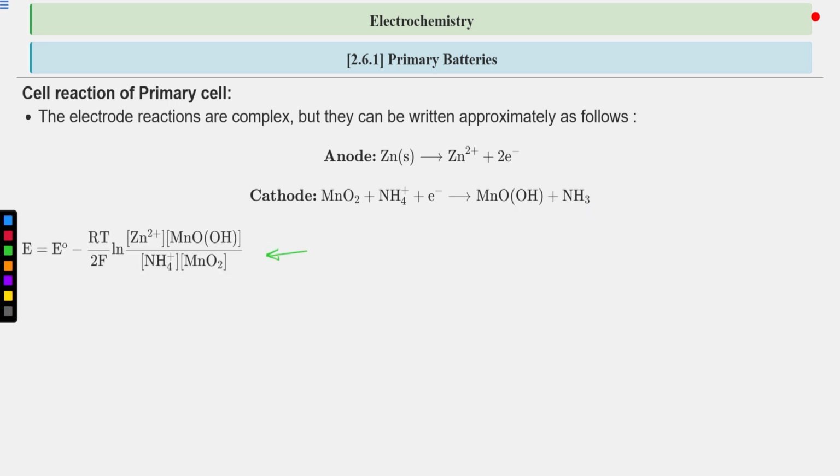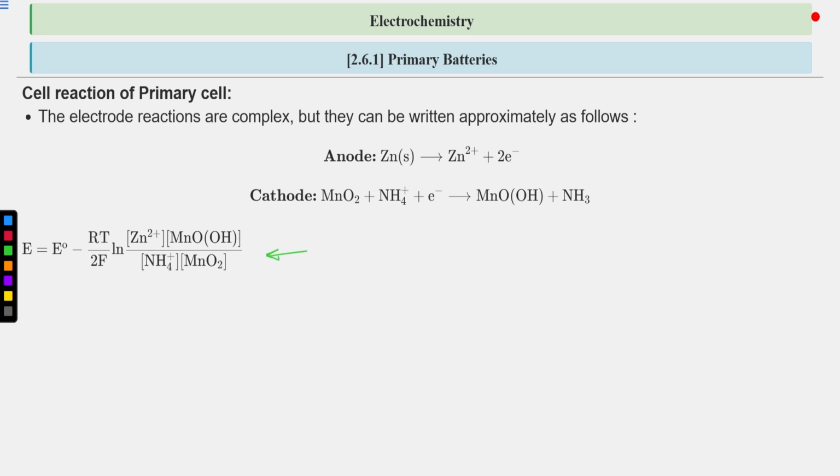Now, if you want to find the cell potential for this primary cell, you can use the Nernst equation, which is given as E equals E naught minus RT by 2F ln of [Zn2+][MnOOH]... upon [NH4+][MnO2].